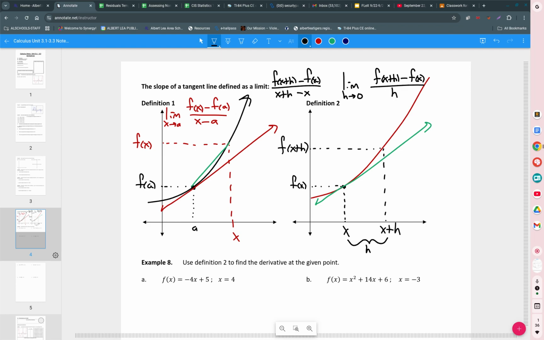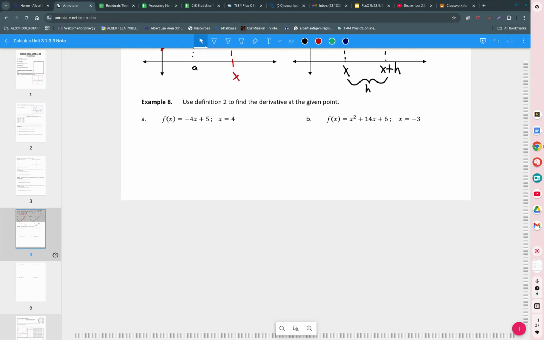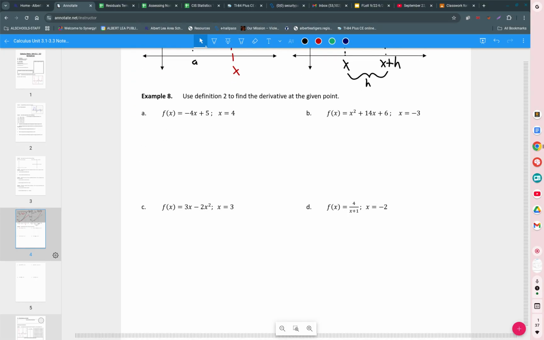And so I'm teaching this a little bit out of order and context to your book, but we're showing you definition 2. If we were to put in an a there, it would be at a point, kind of like we have a here, but we're using x because we're actually creating the derivative of a function. And one thing that we learned in the lesson previous to this is that we would like to find the derivative of the function, and that's how we mark derivative. We put that apostrophe up there.